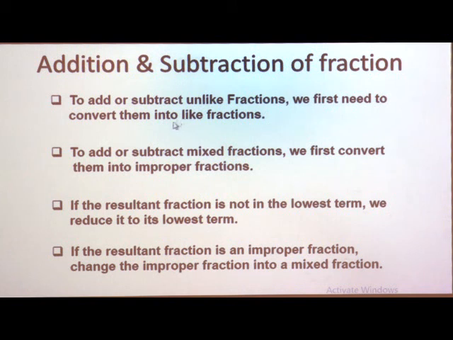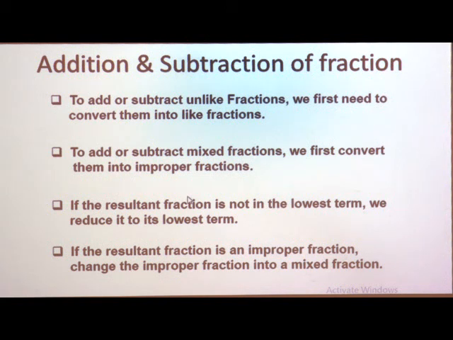Already we discussed this. To add or subtract mixed fractions, we first convert them into improper fractions. For example, 3 whole 1 upon 2 is a mixed fraction. First, mixed fractions should be converted into improper fractions, and then we follow the steps.